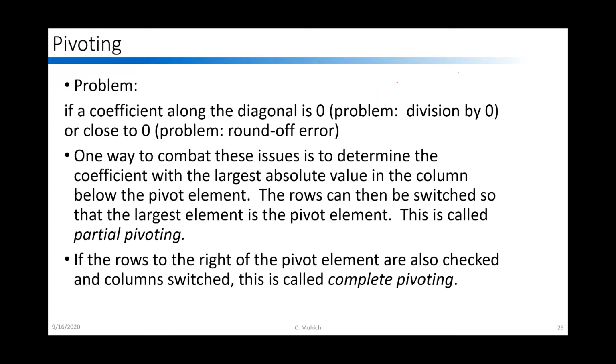I now want to switch from talking about how to do Gaussian elimination to some problems that we may have doing it, and how we can use pivoting to solve those problems. The major problem that we're going to have in solving matrices using Gaussian elimination is if we have a 0 on the diagonal.